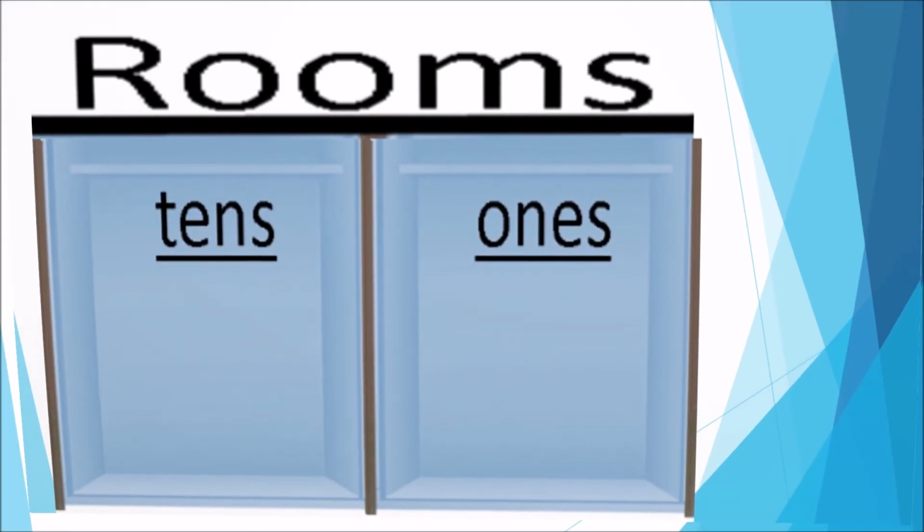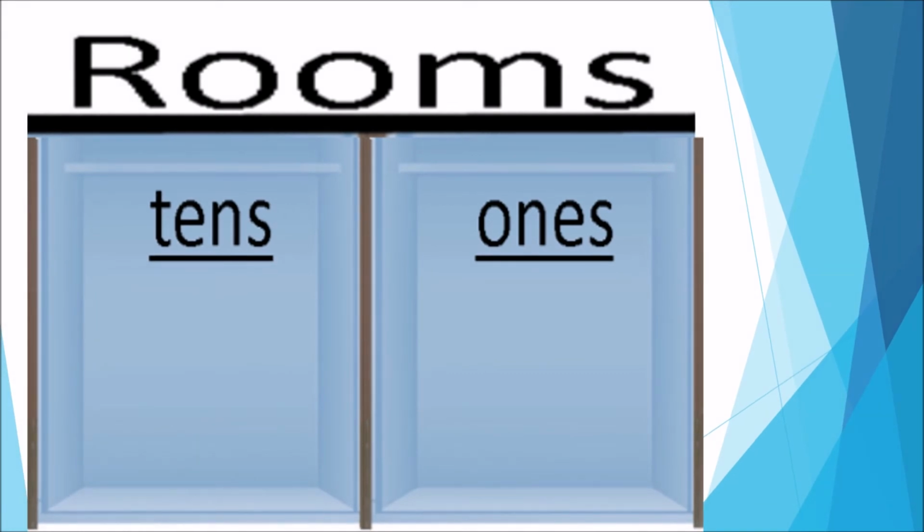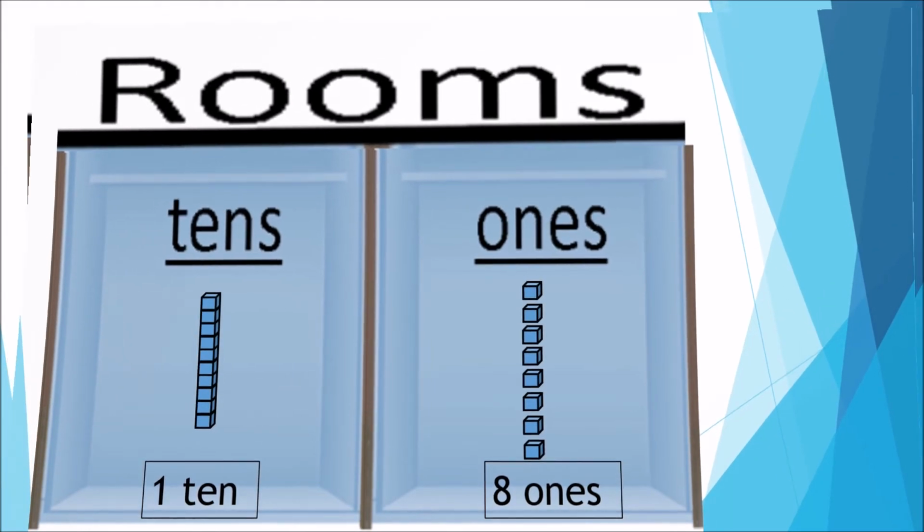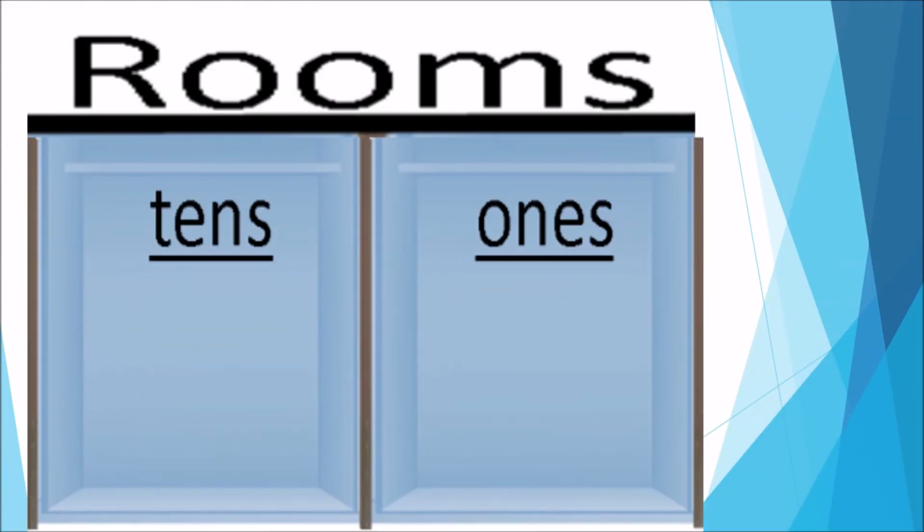Let's continue. Put the blocks in the rooms. 1 ten and 8 ones. Let's put the digits. What would go in the tens room? What would go in the ones room? Do you know? Yes, 1 in the tens and 8 in the ones room.